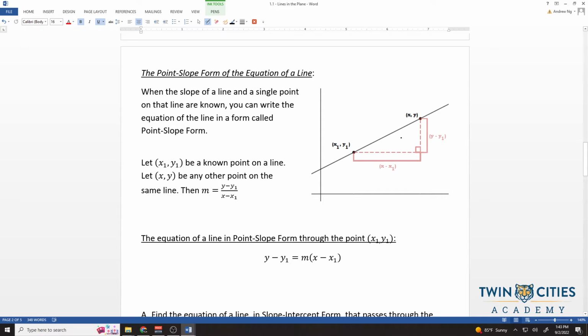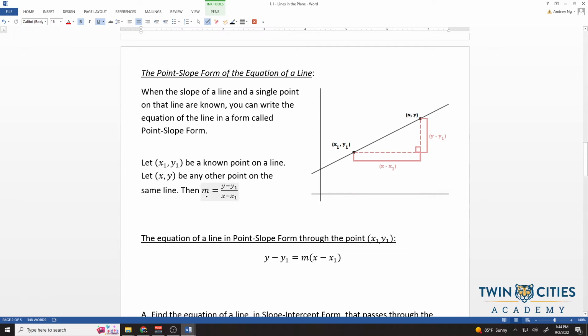This is very similar to the last picture. The difference here is that instead of calling this x1, y1 and calling this x2, y2, I'm simply going to call this point x and y. But the same kind of concept is there. So to find the slope, you would take the change in y over the change in x. So that'd be y minus y1, and then your x would be x minus x1.